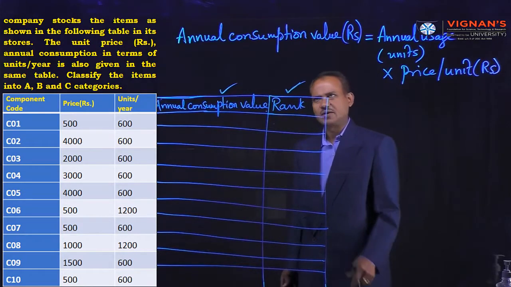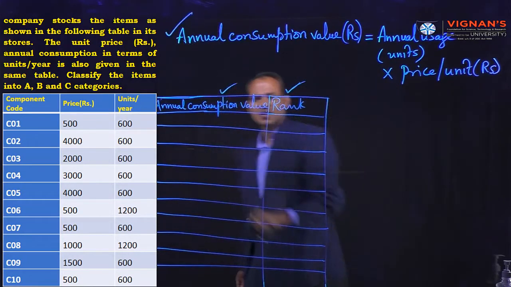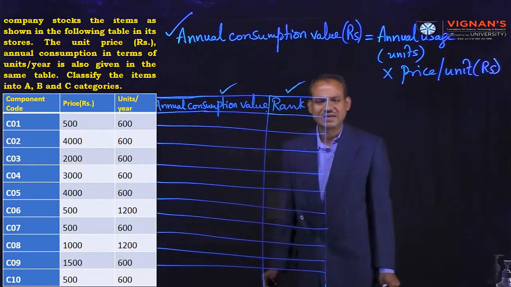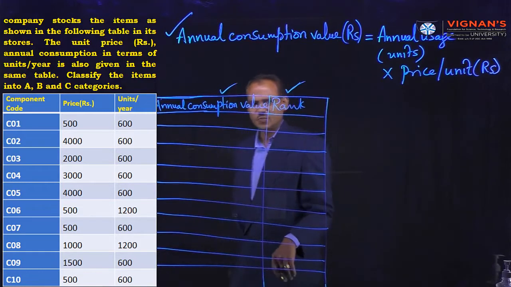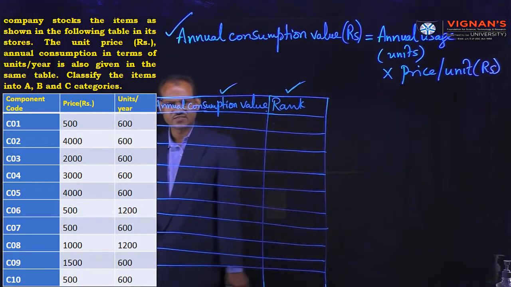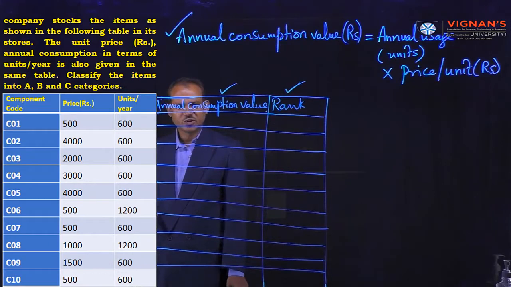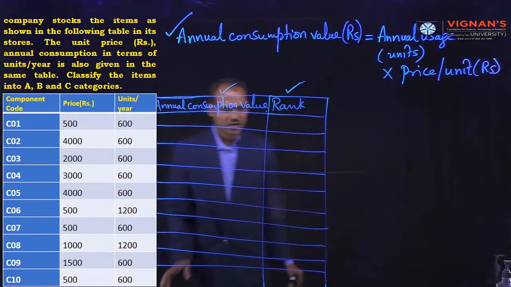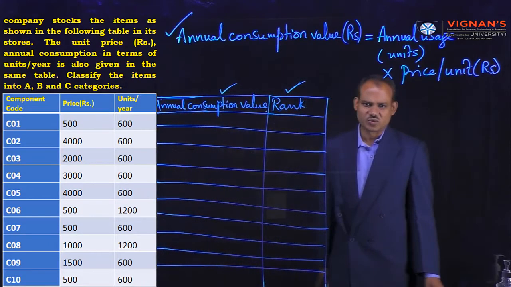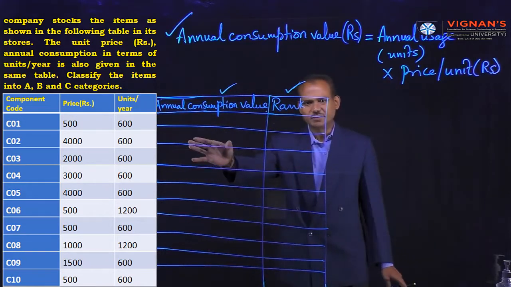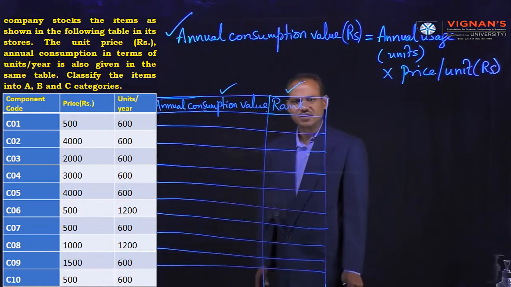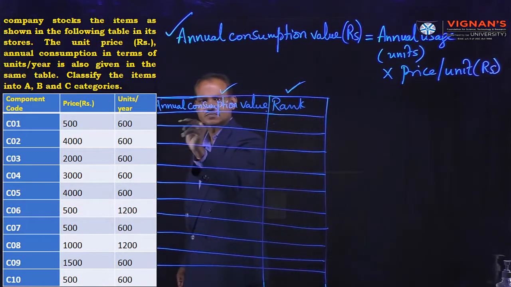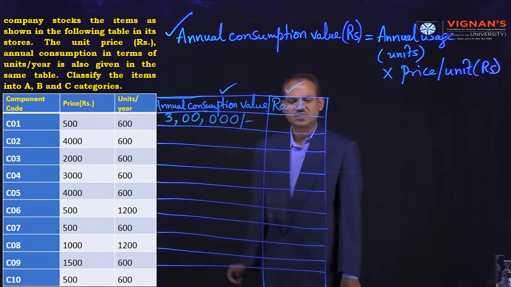First of all, by using this formula, calculate annual consumption value for each component. That means given data is price per unit and number of units per year. So just simply multiply those two values.